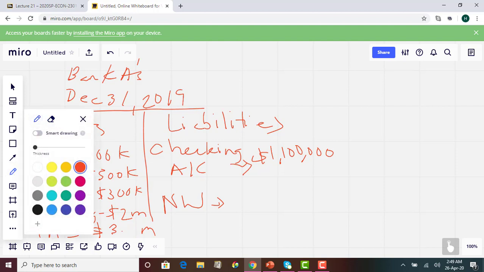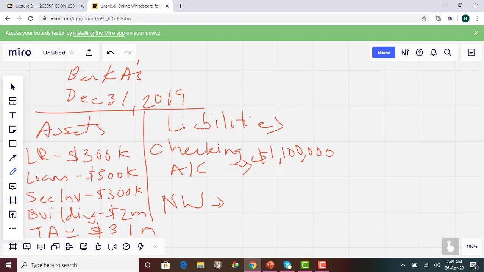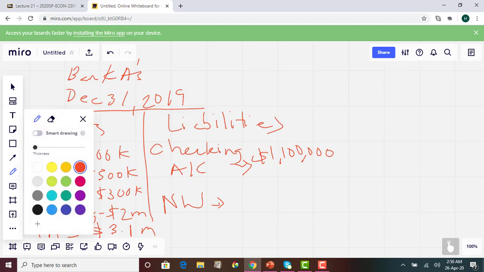If you add them up, 300 plus 300 is 600k, 600 plus 500k is 1.1 million, 1.1 million plus 2 million is actually 3.1 million total assets. My bad, I'm sorry about that. Total liabilities is 1.1 million, which is just the checking account. So net worth is 3.1 million minus 1.1 million, and that equals 2 million.